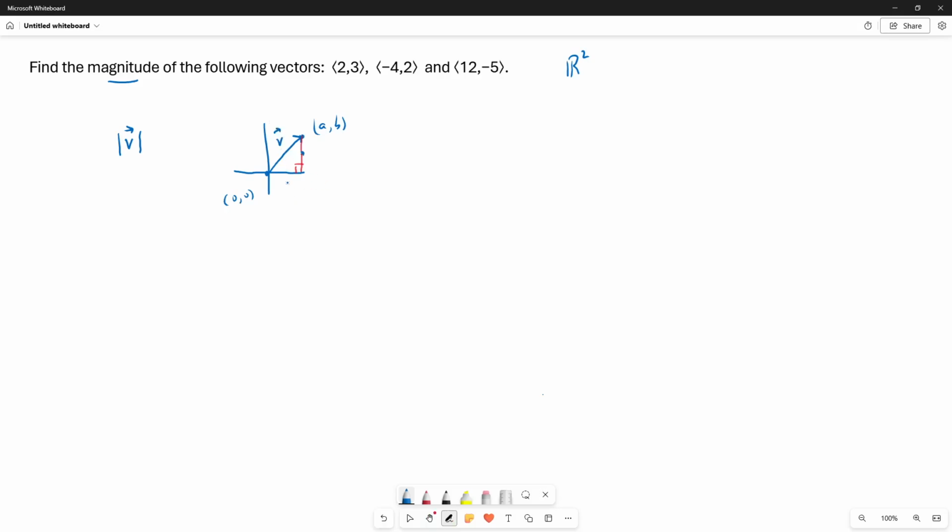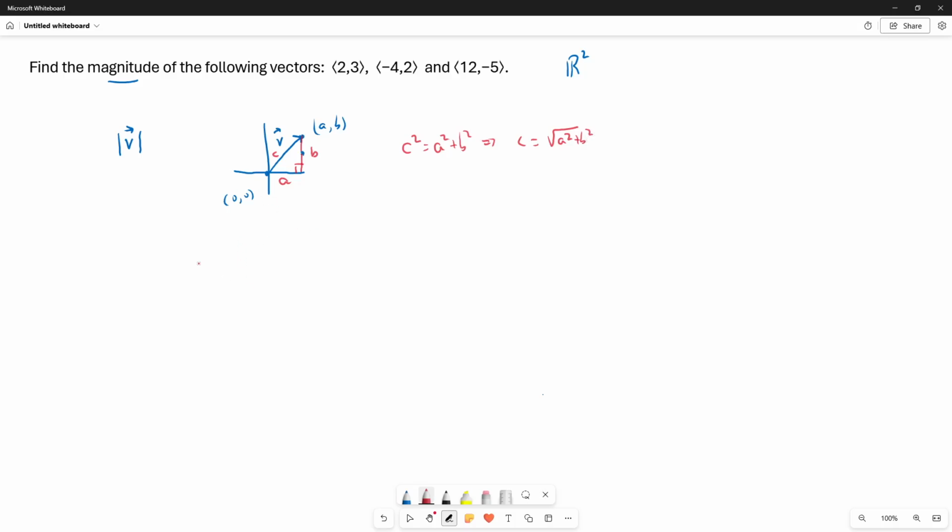And this side of the right triangle has length a, this side has length b, and we would like to know the magnitude of the vector v, which is the length of the hypotenuse. And of course, c squared is equal to a squared plus b squared by the Pythagorean theorem. And so c will be the positive square root of a squared plus b squared.